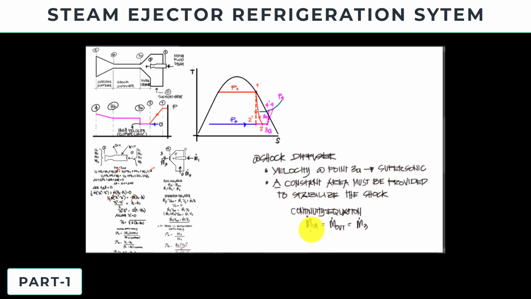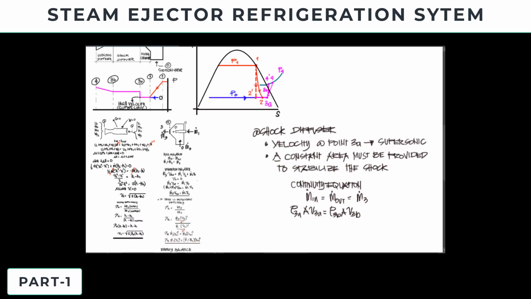The equation for the mass flow rate is equal to the density at 3A times the area times the velocity 3A, which is equal to the density at 3B times the area times the velocity 3B.